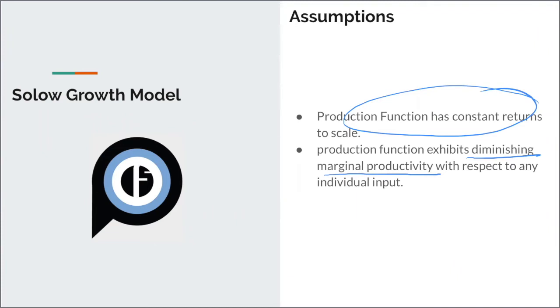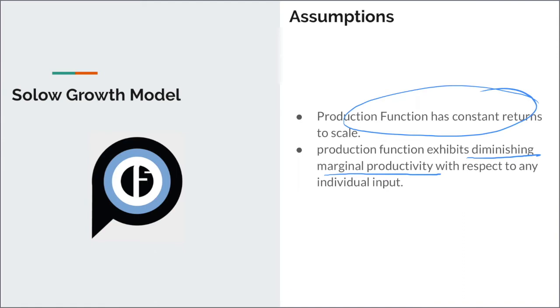So under the Solow Growth Model, each individual input exhibits diminishing marginal productivity, whereas if we increase both factors by, say, 20 percent, the output also will increase by 20 percent.